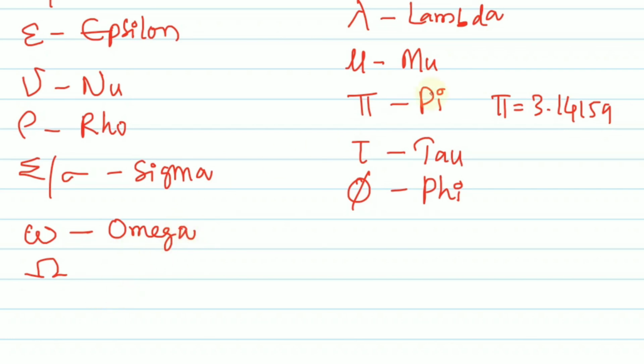Next, psi. It is often used in physics to represent wave functions in quantum mechanics, and it is even used to represent the planet Neptune. Thank you.